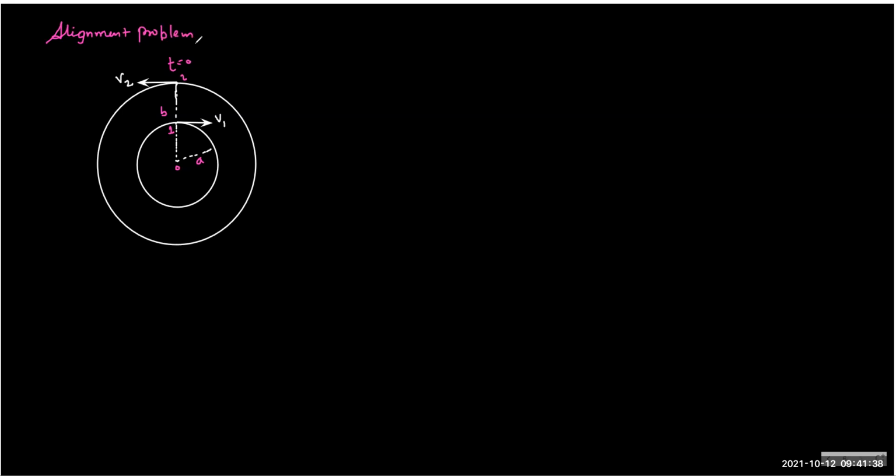So 2 pi into AB upon V2A plus V1B. Yeah. So the answer is this answer, right? Because they are going in the opposite sense. And then we can just find the omega 1, omega 2 with respect to the center, and it turns out to be V2 by B plus V1 by A, right?